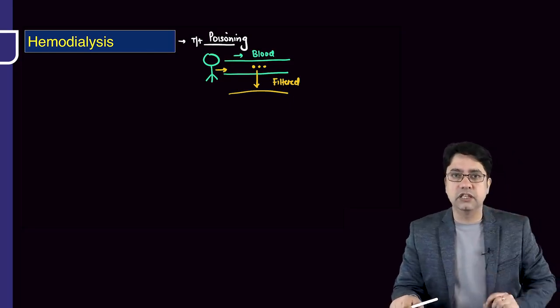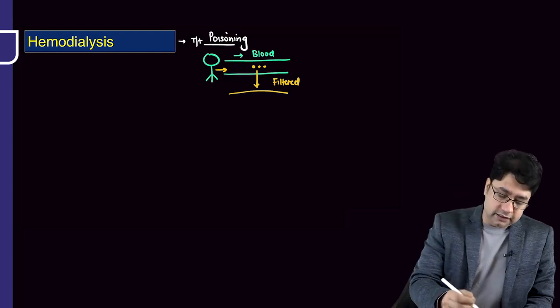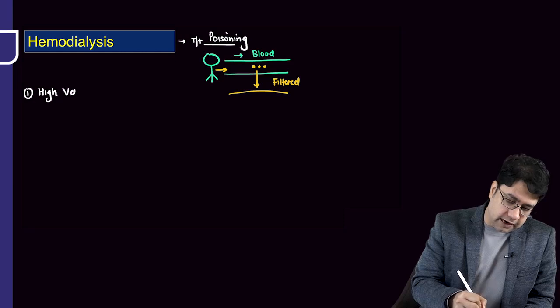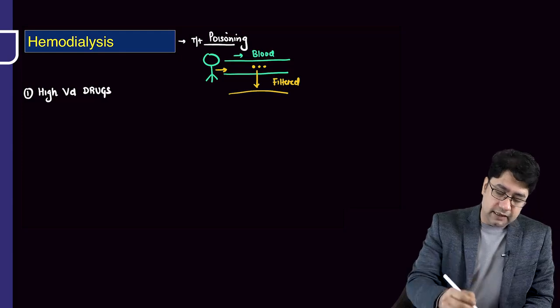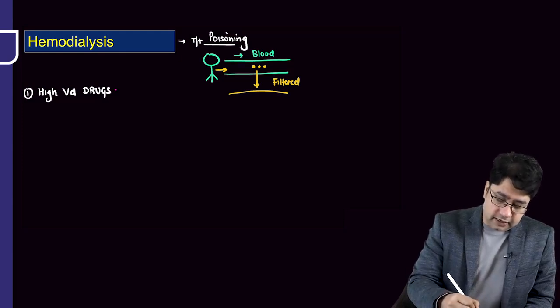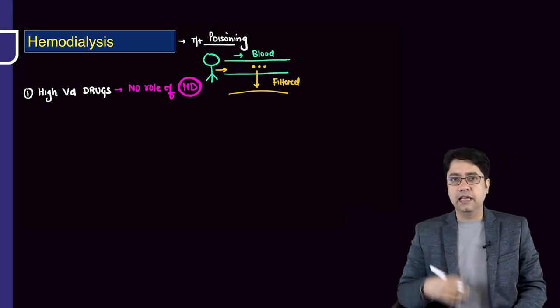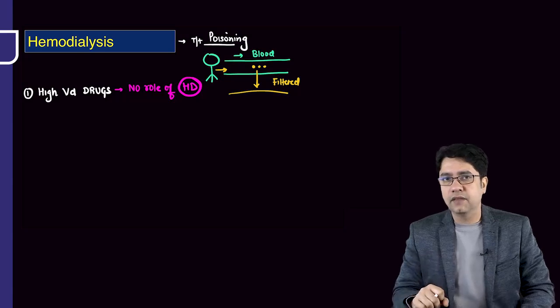Now the first question, think logically and answer: if a drug has high volume of distribution, high VD drugs, in high VD drugs there is no role of hemodialysis. HD is hemodialysis. Can you tell me the reason for it?